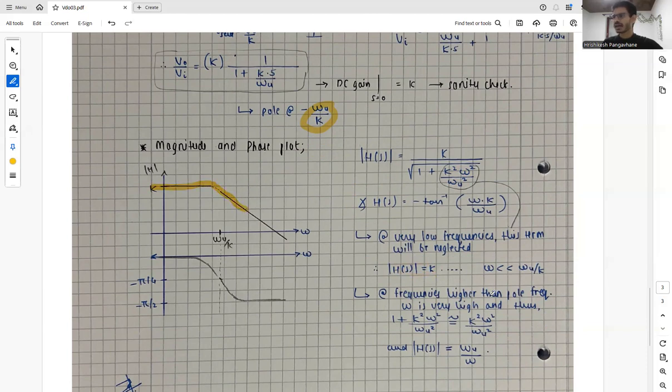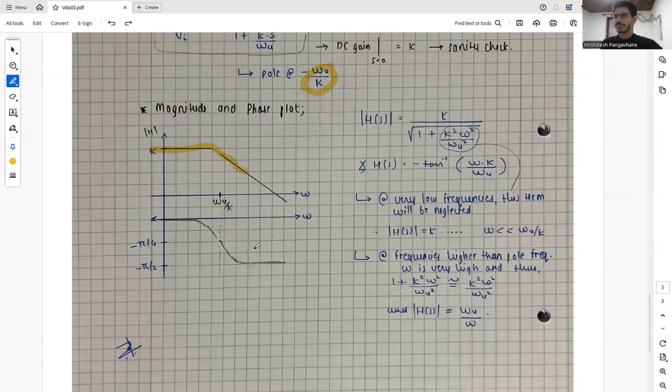At frequencies higher than the pole frequency, omega is very high, and thus this 1 plus this value tends to be only this value, so 1 can be neglected. After solving this, our magnitude comes out to be omega u by omega. So our phase will start from 0, and due to one pole, it will lag by minus pi by 2 and continue to go ahead.